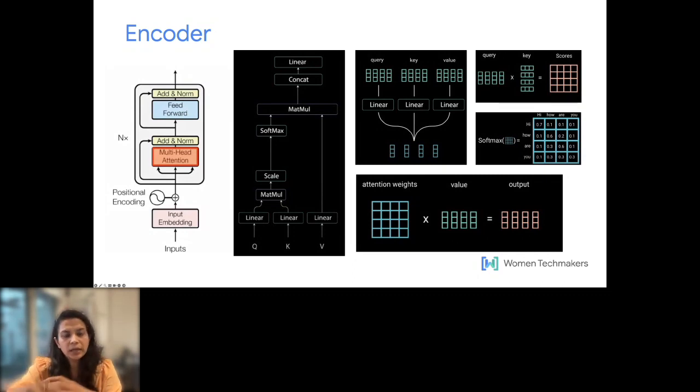Okay, now encoder architectures are used for understanding of text, right? The process which we discussed over here till the attention weights is basically the attention process. Now what happens in multi-head attention is, when we are generating our query, key, and value, we split this query, key, and value into n vectors.